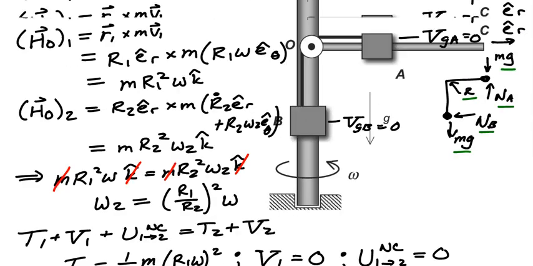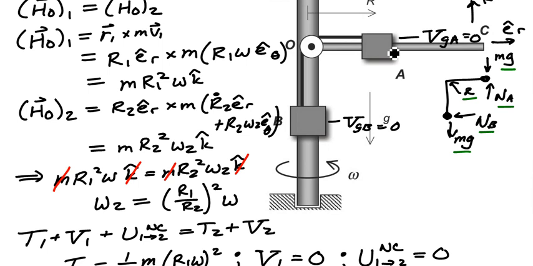Well, we can come back up to our diagram here and note something very important. Namely, we have a rope length constraint relating the speed of block A and the speed of block B. This rope length constraint is a little different than what we've seen before because the only component of speed that actually matters is the radial component.